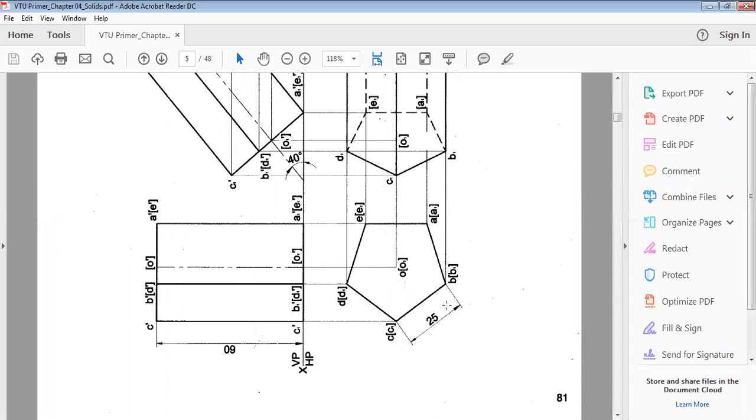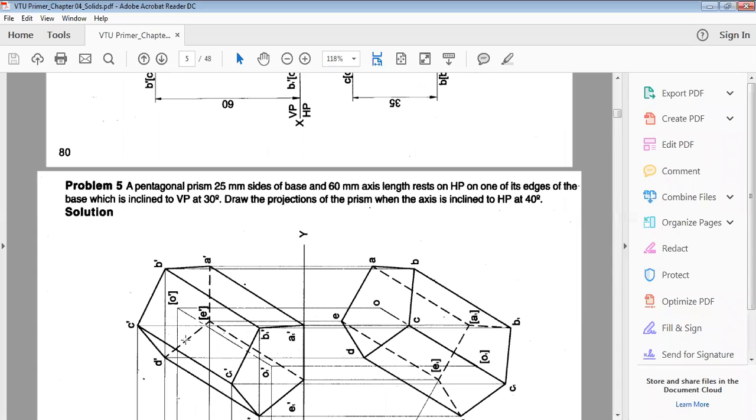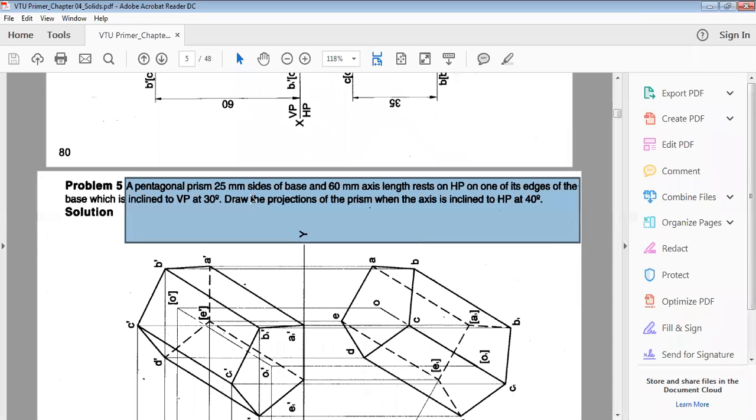We'll do one problem on this pentagonal lamina. So I have taken problem number 5, and we'll see how we are supposed to proceed. A pentagonal prism, 25 mm sides of base, 60 mm axis length, rests on HP on one of its edges of the base, which is inclined to VP at 30 degrees.